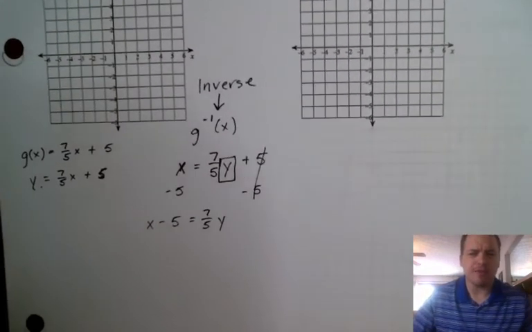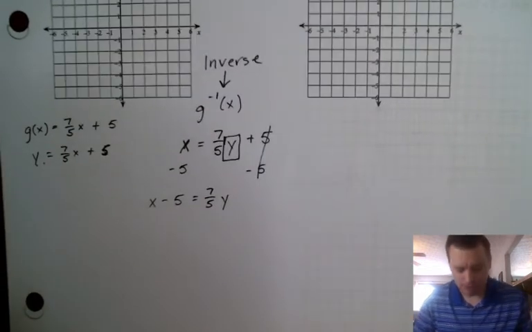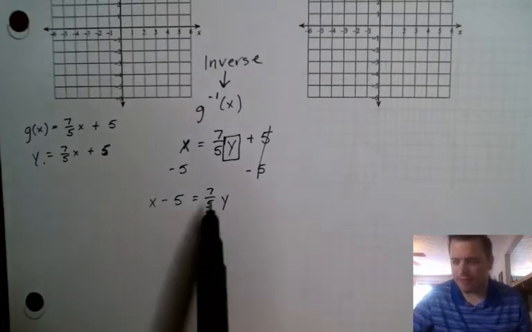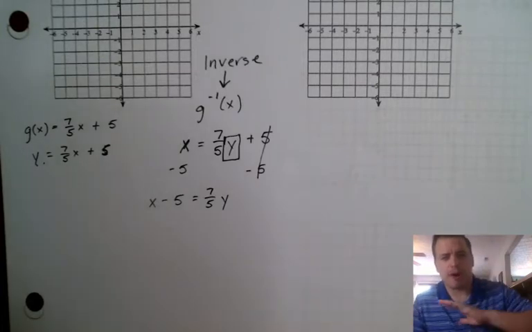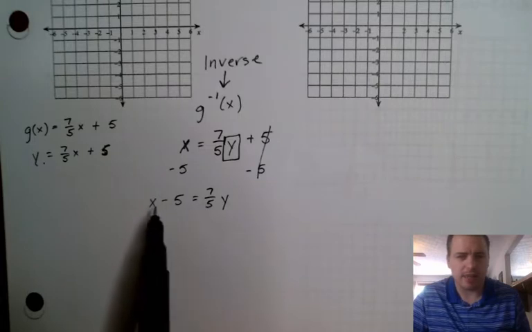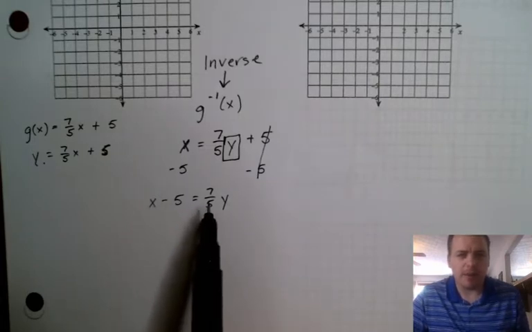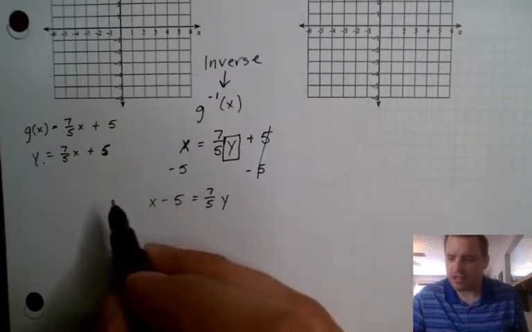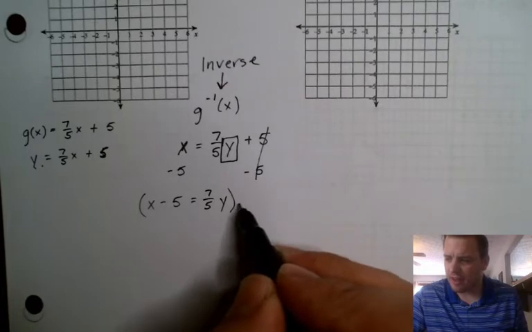Now, due to many of you not being very good with fractions, and that's just kind of everybody all around, I taught you a trick at the beginning of the year. I said, look, if you ever want to get rid of fractions, and right now we have fractions, you multiply everything by the LCD, the least common denominator. The only denominator we have right now is 5, right? So in order to get rid of this fraction, let's just multiply everything by 5.